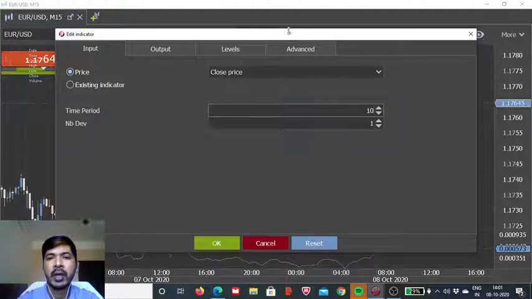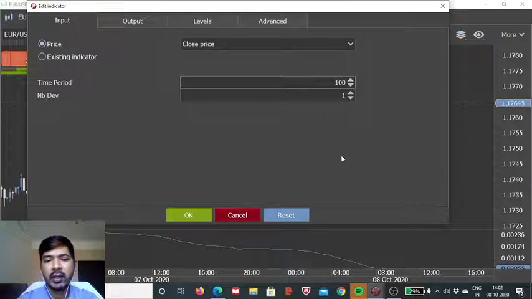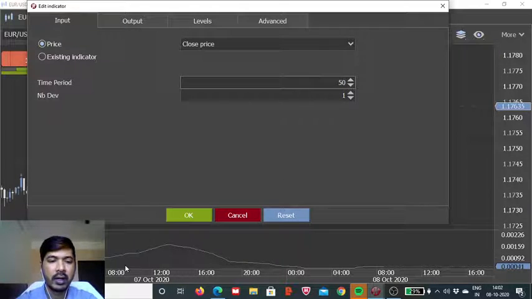When I make it 10, you can see the plotting has changed to some extent. If I make it 100, again the plotting has changed to a larger extent, and quite dramatically. If I reduce it to say 50, the standard deviation plotting is a lot different.